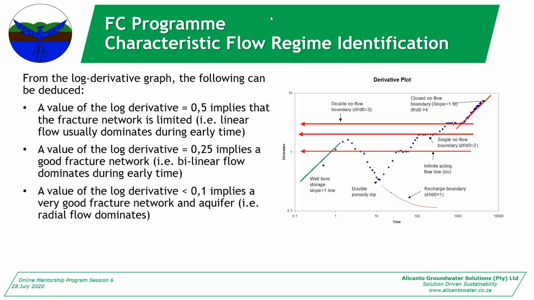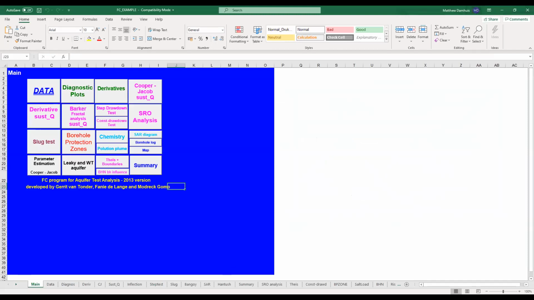Okay, let me show you the FC program. Can everybody see my Excel sheet now? Yes, sir. Okay, great. So this is the main menu of the FC program that you can download on that link.